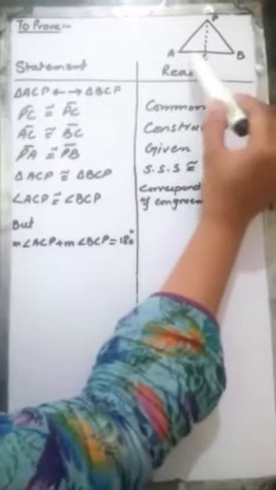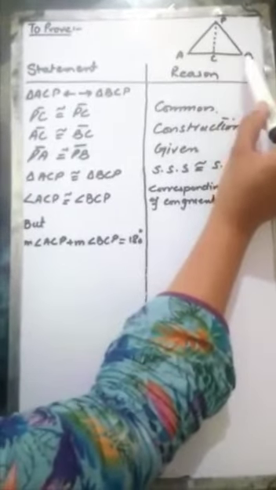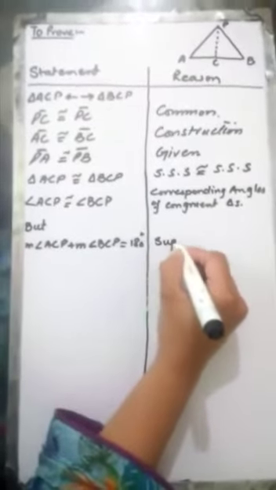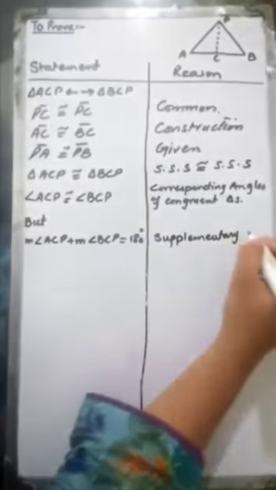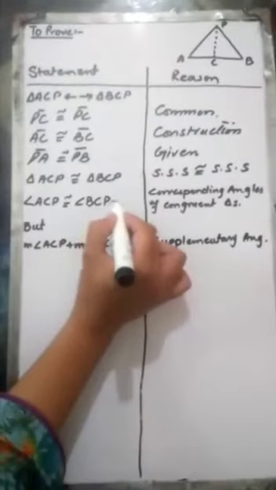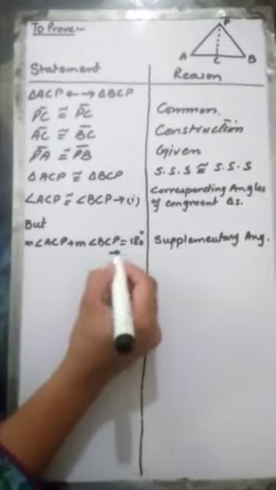Because these are on the straight line, whatever they are, their sum is 180 because they are on the straight line. So we can write the reason: supplementary angles. Okay, now we'll name these two because we have to use these two statements. That is number one, and that will be number two.